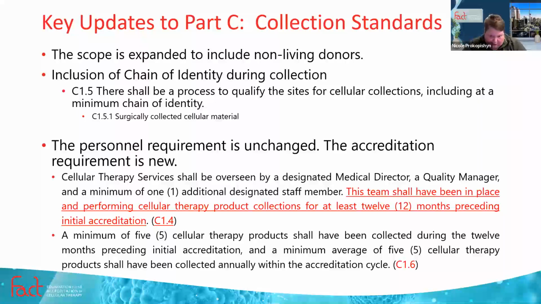So to show that there's some history of experience there before initial accreditation is done. And then there needs to be a minimum of 5 cellular therapy products collected during the 12 months preceding initial accreditation, and a minimum average of 5 products shall be collected annually within the accreditation cycle. So that's C1.6.